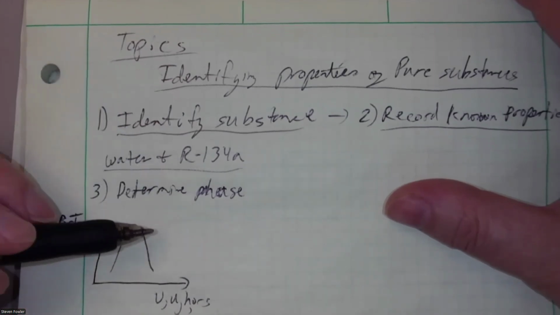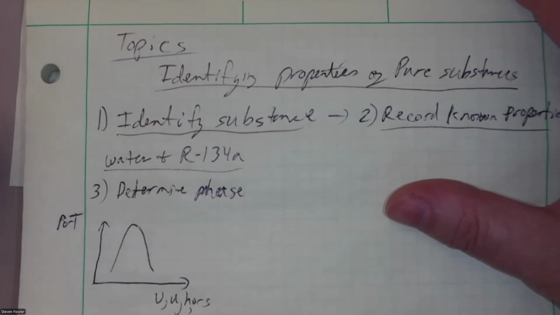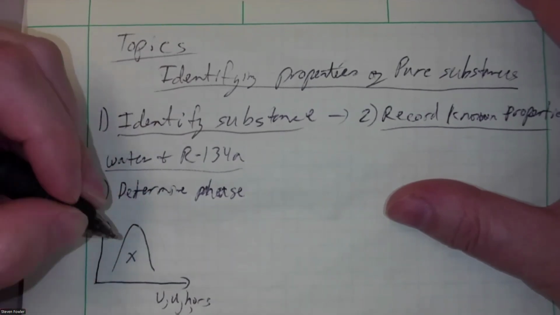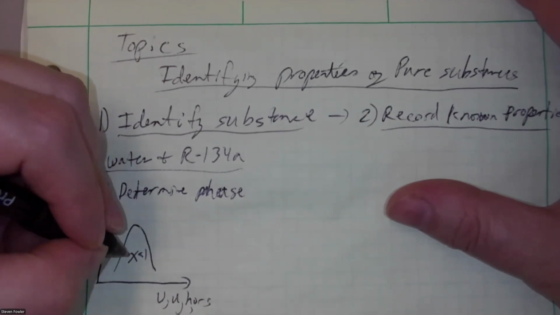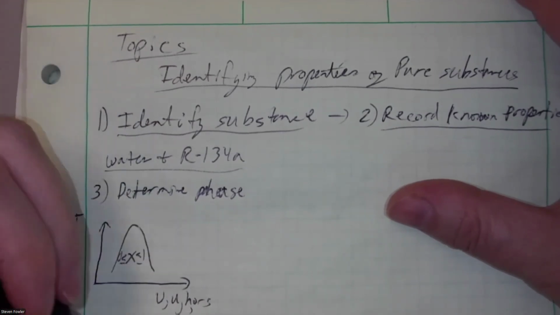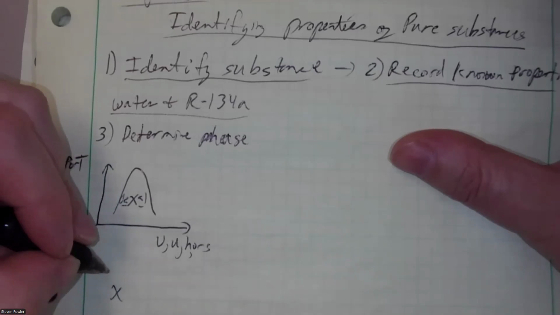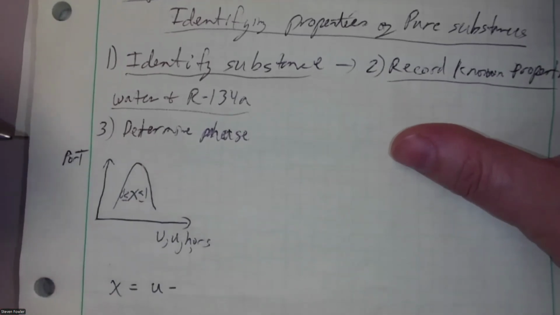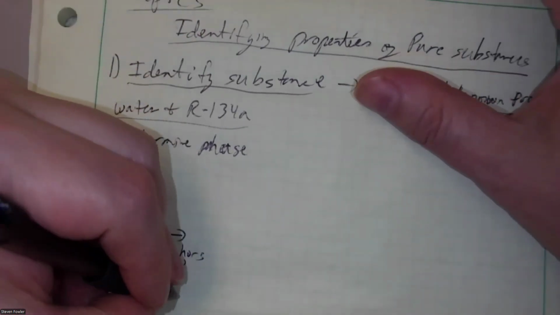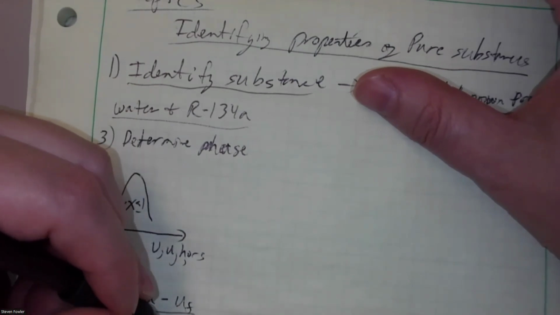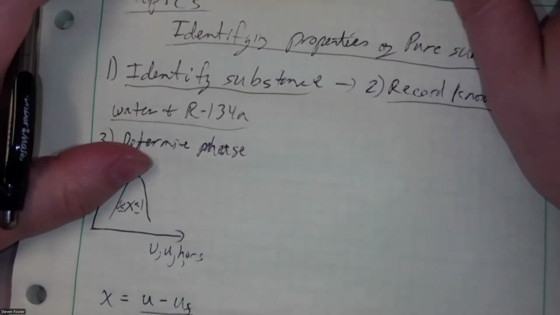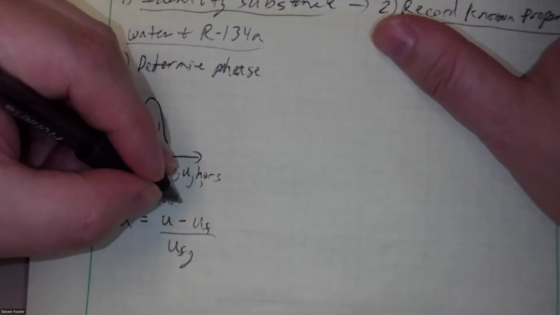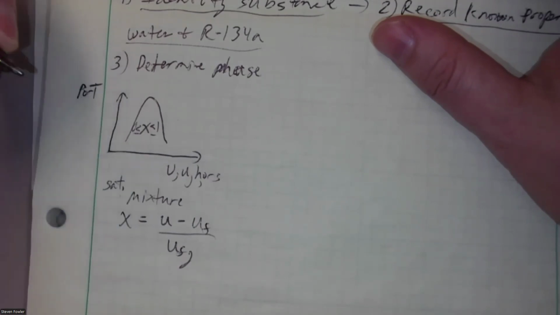Everything on the left is liquid, everything on the right is superheated vapor, everything in the middle is a saturated mixture. Here you've got x, with x between 0 and 1. x is equal to whatever value you're looking for, in this case maybe u minus u_f divided by u_fg, or u_g minus u_f. That's if you have a saturated mixture.